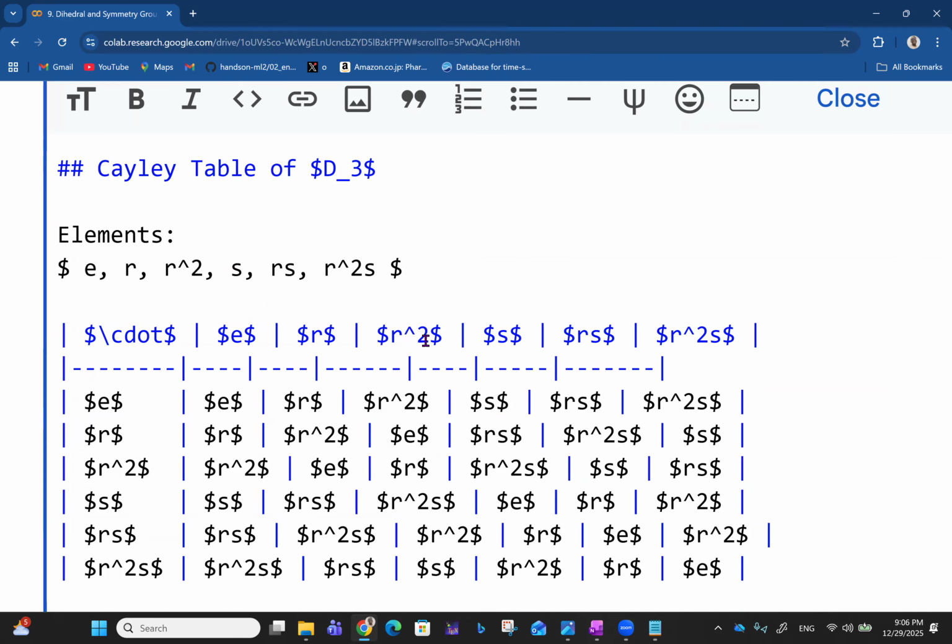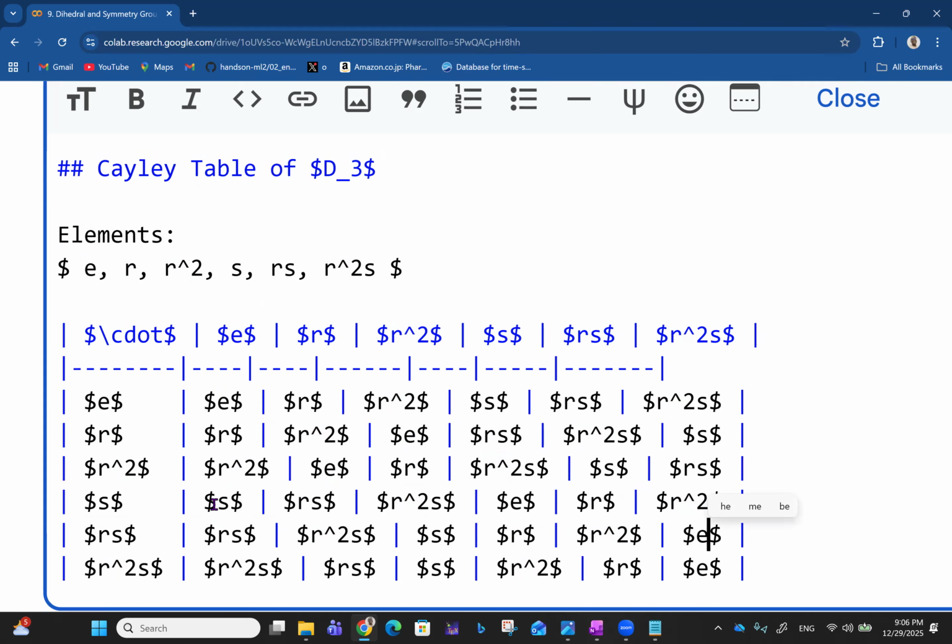Then rs times s is rs^2, which is just r. Rs times rs, that's r^2s^2, so this will just be r^2. Then rs times r^2s, that is r^3s^2, so everything will just be e.